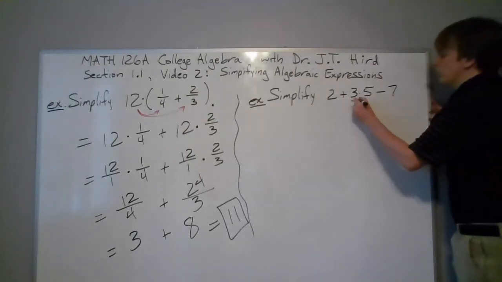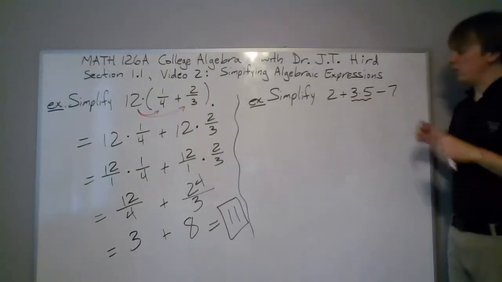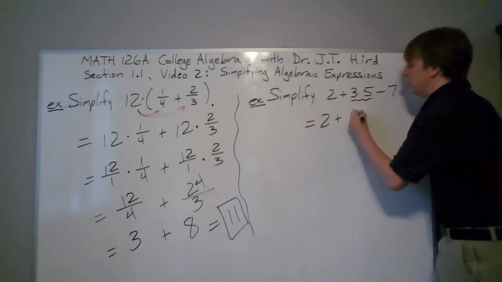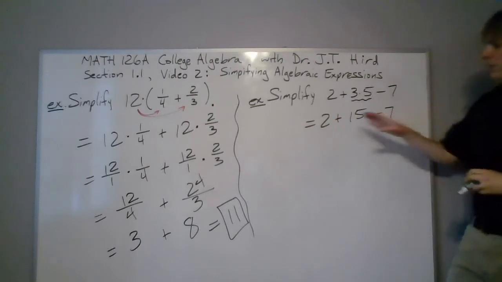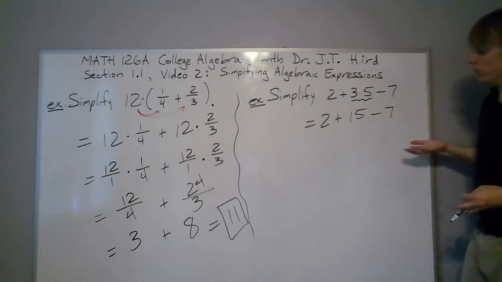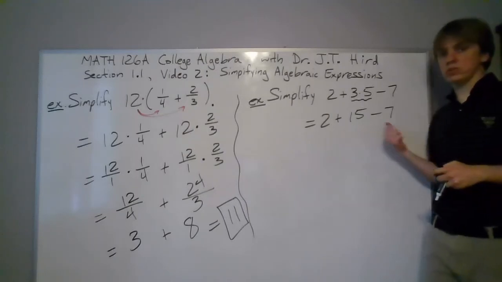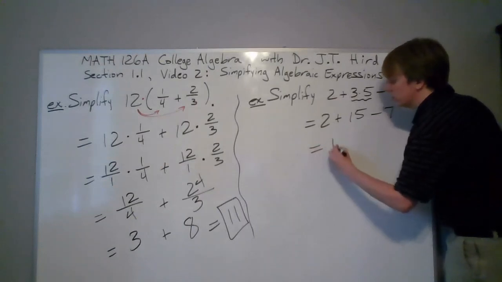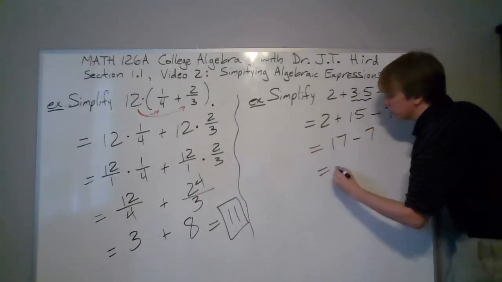This is the only multiplication. There are no exponents, there are no parentheses. So we'll say this is 2 plus 15 minus 7, and then we add or subtract left to right. This is already written in the way I would want it to be written. Positive numbers first, negative numbers last. 2 plus 15 would be 17 minus 7. And 17 minus 7 would be 10.